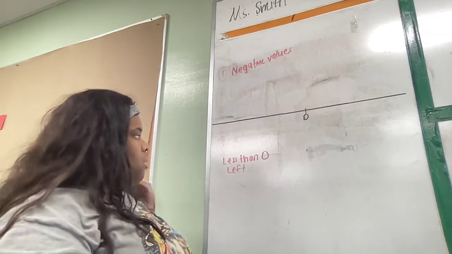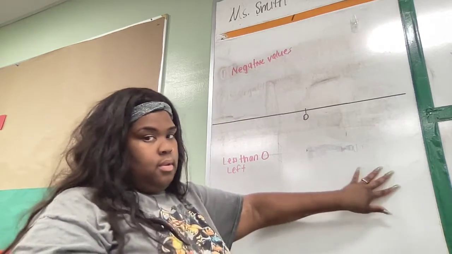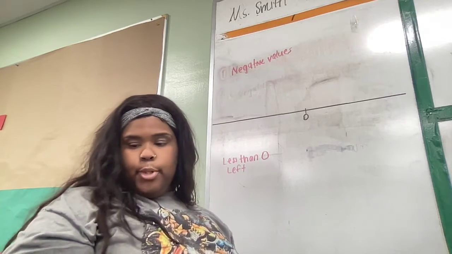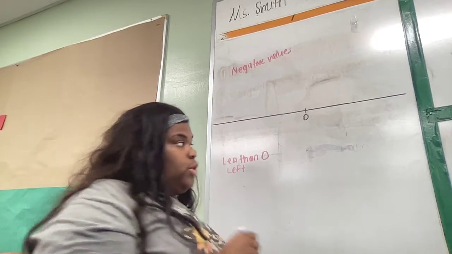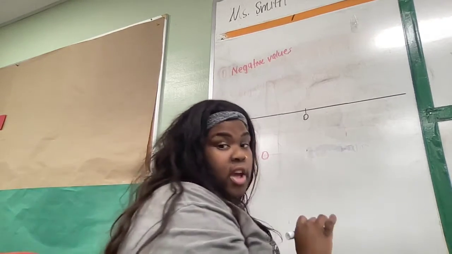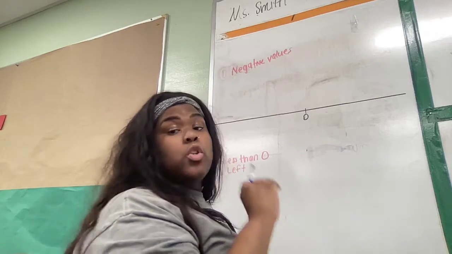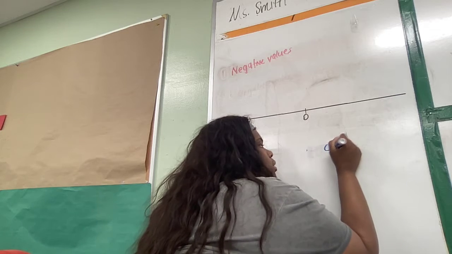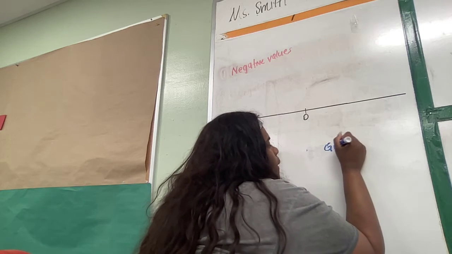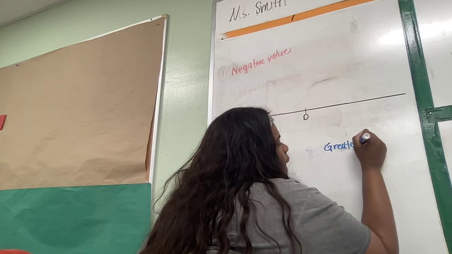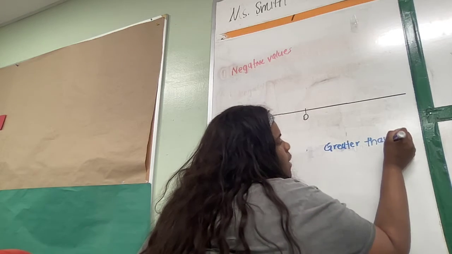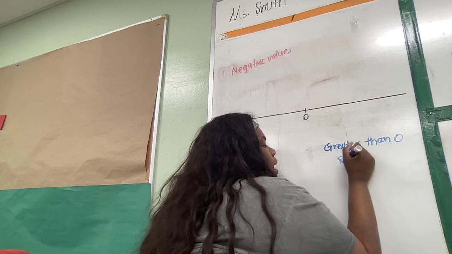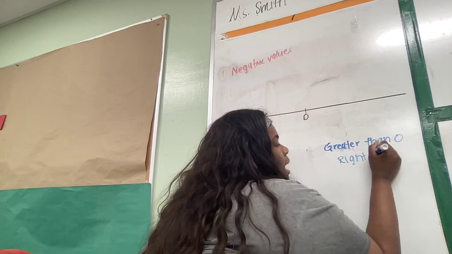Okay, then to the right of 0, we're going to have our positive numbers. And we're going to make sure we write these values are greater. So we're going to remember that these values are always greater than 0. Okay, and this is the right side of 0.